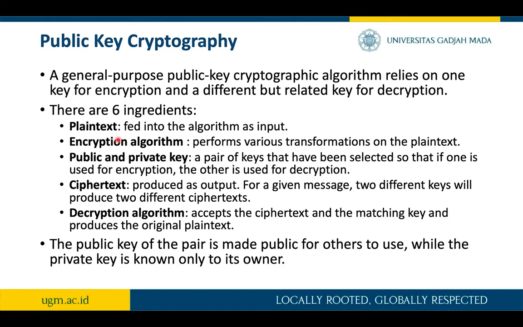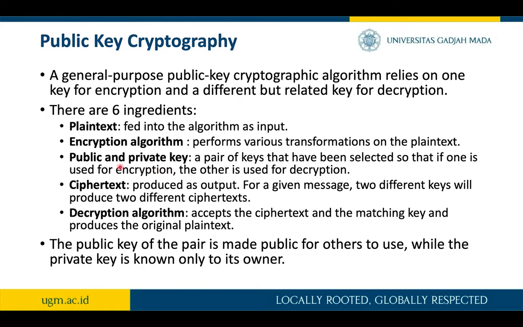Plain text is the input of the algorithm, and the encryption algorithm transforms the plain text into ciphertext, while ciphertext is the result of the transformation of plain text. And then at the receiver side, we need the decryption algorithm, which transforms ciphertext back into plain text. For encryption and decryption, we use 2 keys here, public key and private key.